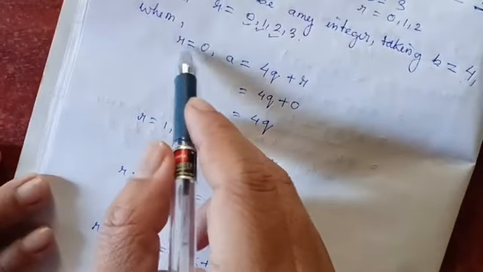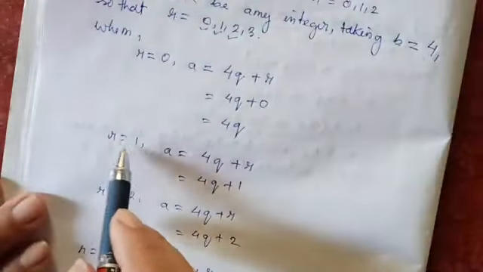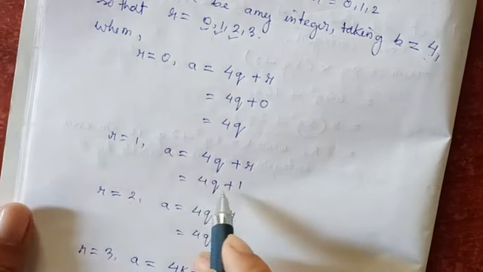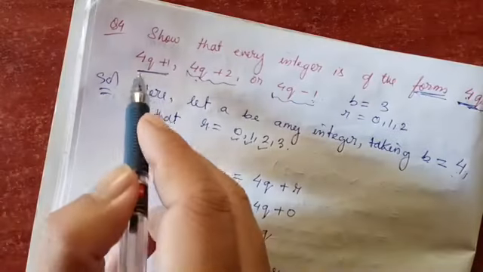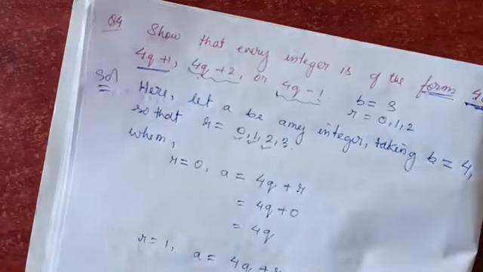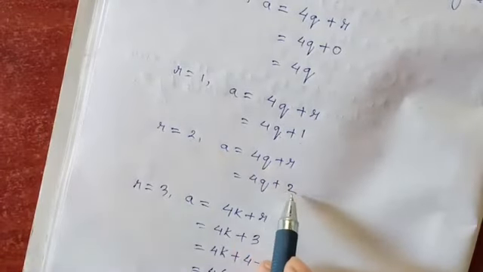When we solve using the r value as 0, we get 4q from the question. When we use the value of r as 1, we get 4q plus 1. Next we should get 4q plus 2, so when r value is 2, we get 4q plus 2.